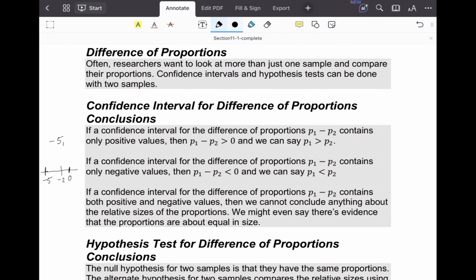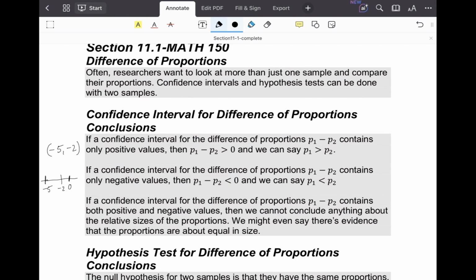So that may be written negative 5, negative 2. If it contains only negative values, then we can say the relative sizes, P1 is less than P2.